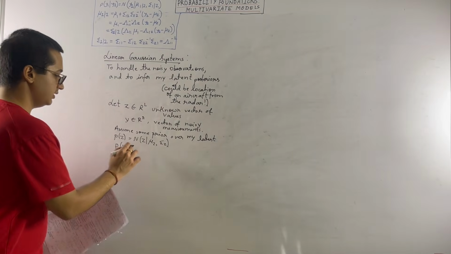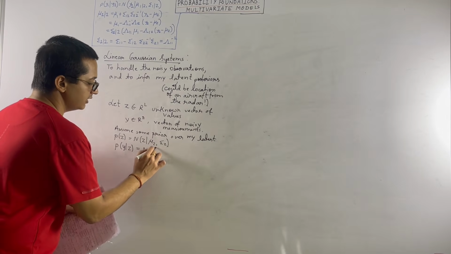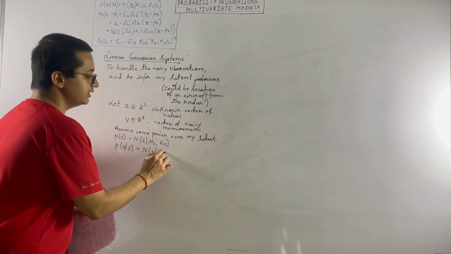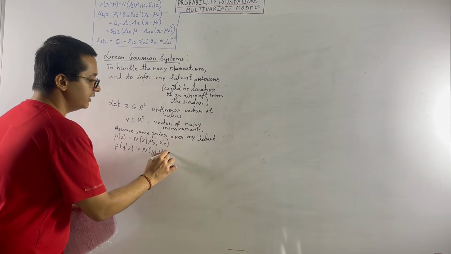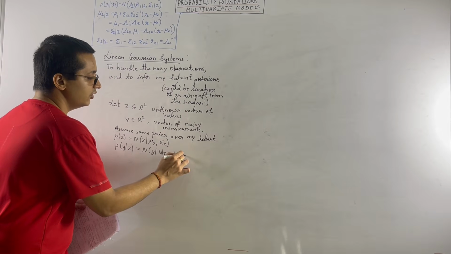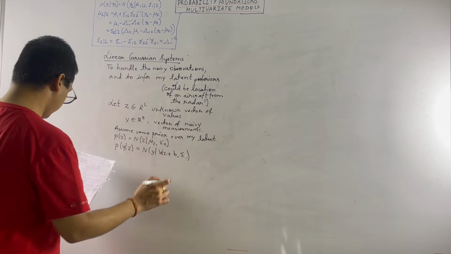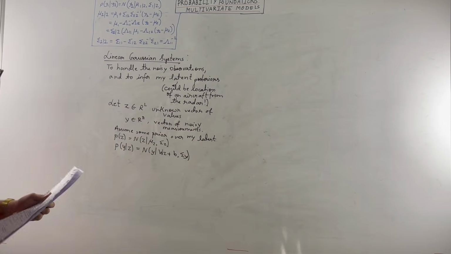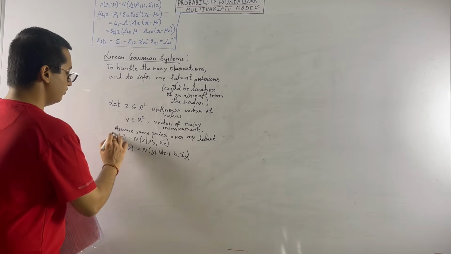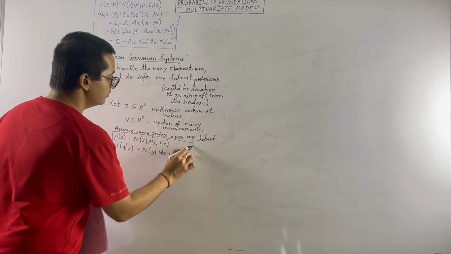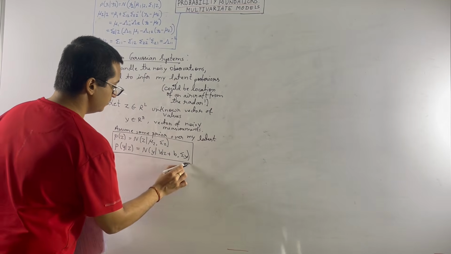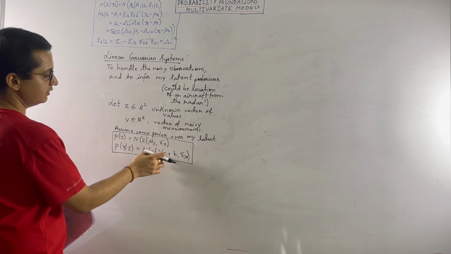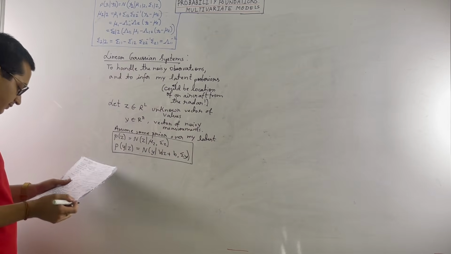This is again a Gaussian. So what did I say? The observation is a linear combination of the latents with some Gaussian noise, with variance sigma y. All right. So what will be the dimensions of W? This is L and this is D. So this will be D cross L, right?